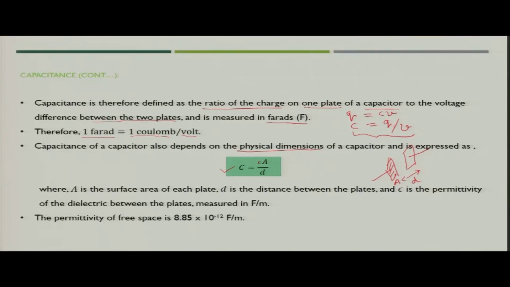C would be epsilon A by D, where A is the surface area of each plate of the capacitor and D is the distance between the two plates. Now, what is epsilon? Epsilon is the permittivity of the dielectric between these plates and it is measured in farad per meter. The permittivity of free space is given as 8.85 into 10 to the power minus 12 farad per meter.